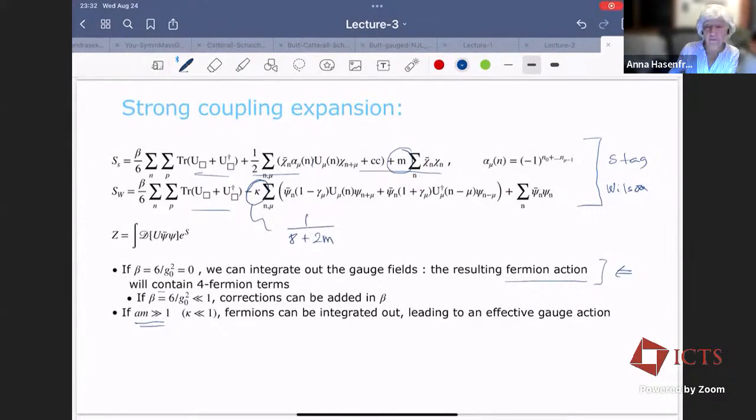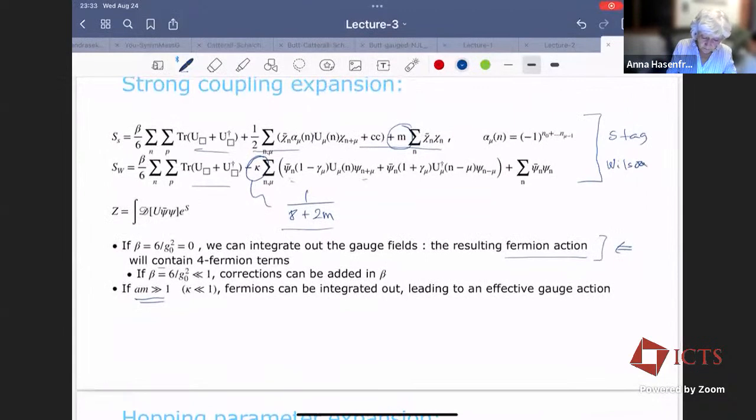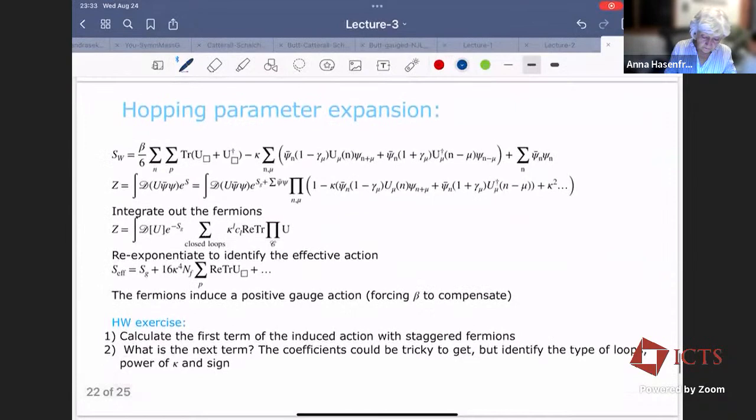So this is an expansion in terms of 1 over the fermion mass, or in terms of kappa, and because kappa describes hopping of the fermions, it's called hopping parameter expansion.